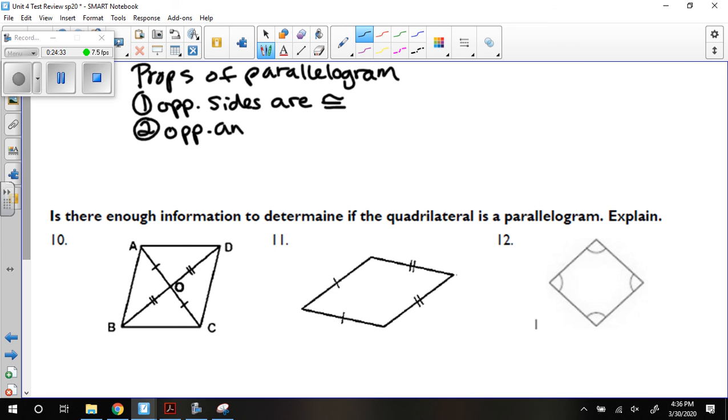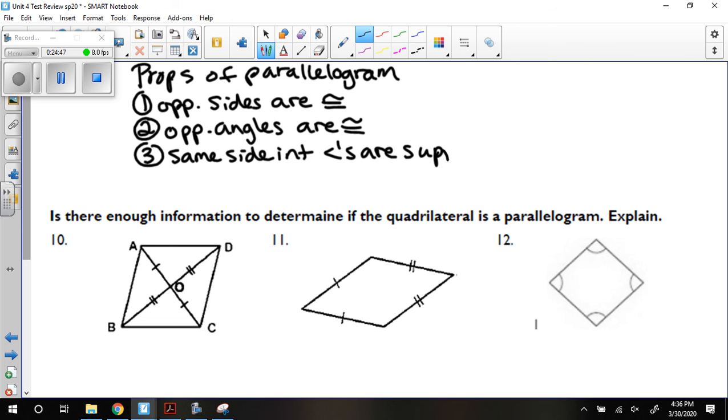Opposite angles are congruent. Same side interior angles are supplementary. And diagonals bisect each other.